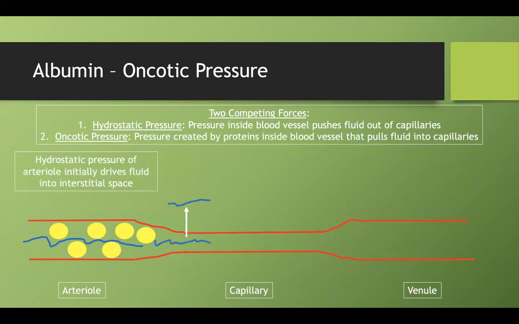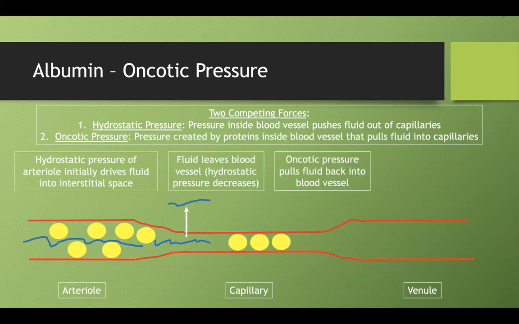Usually the hydrostatic pressure will force fluid out into the interstitium, but because the hydrostatic pressure decreases and our proteins stay in, the oncotic pressure will increase relative to the hydrostatic pressure, the fluid will get pulled back in and everybody's happy.